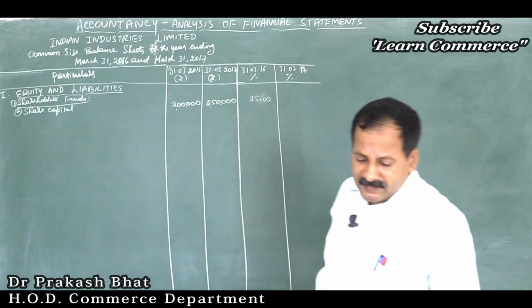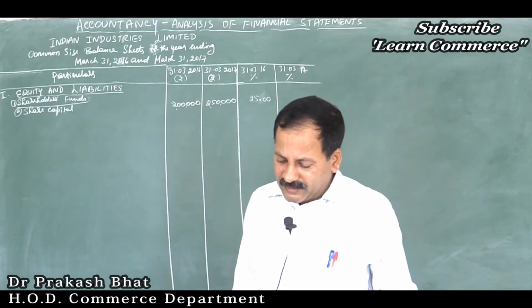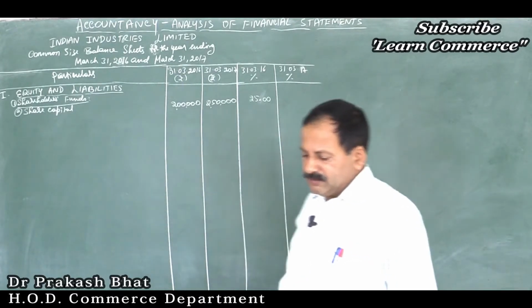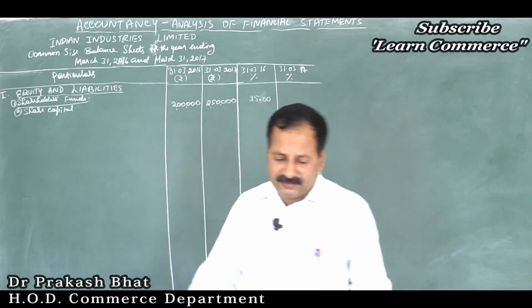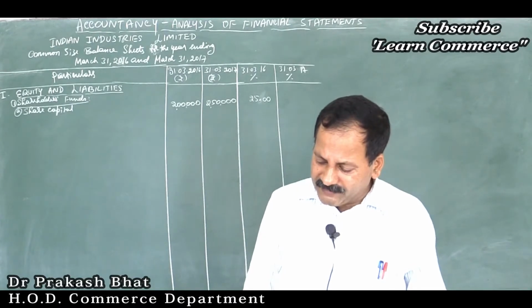Then 31st March 2017, amount is 2,50,000. 9 lakh means 100. So 2,50,000 means how much?